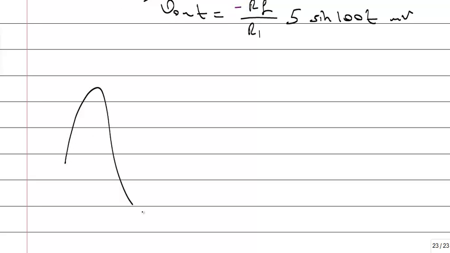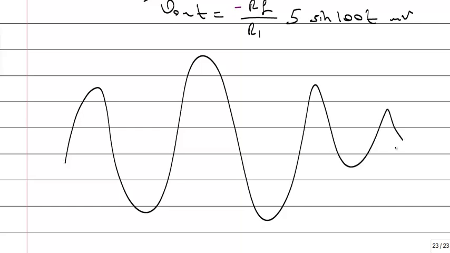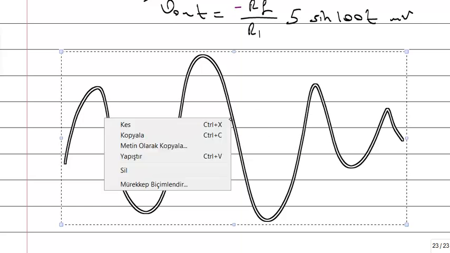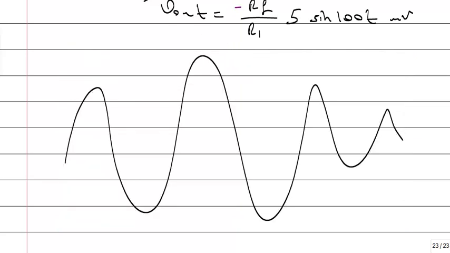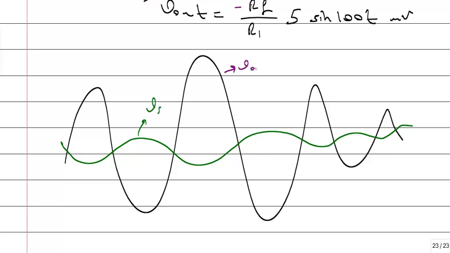For example, look at this signal. This is V in, V source. Okay. This is V out. The same signal, it's inverted.